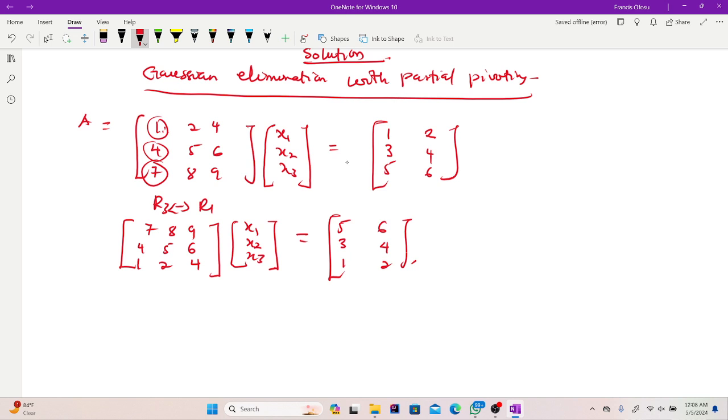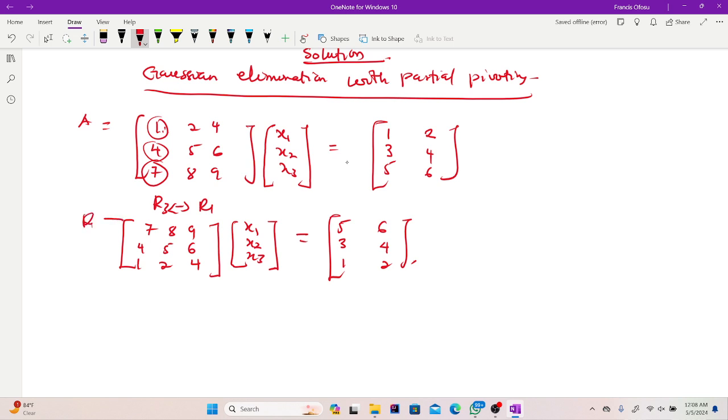Once my leading entry for the first row is bigger than the others, I can go ahead and find my multipliers. Row 1 is the pivot row.